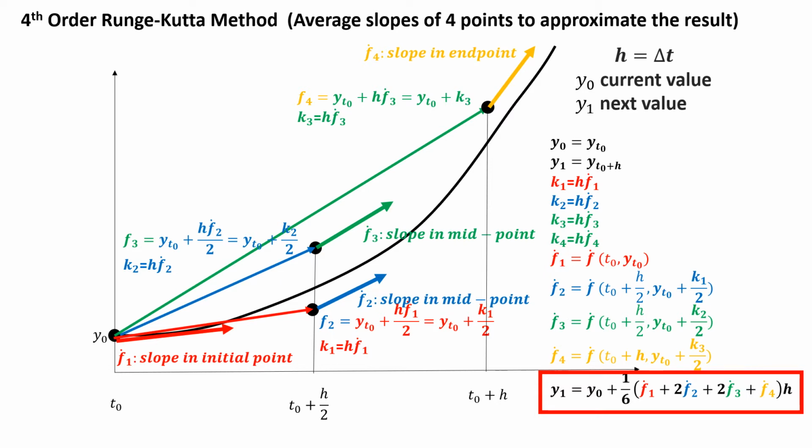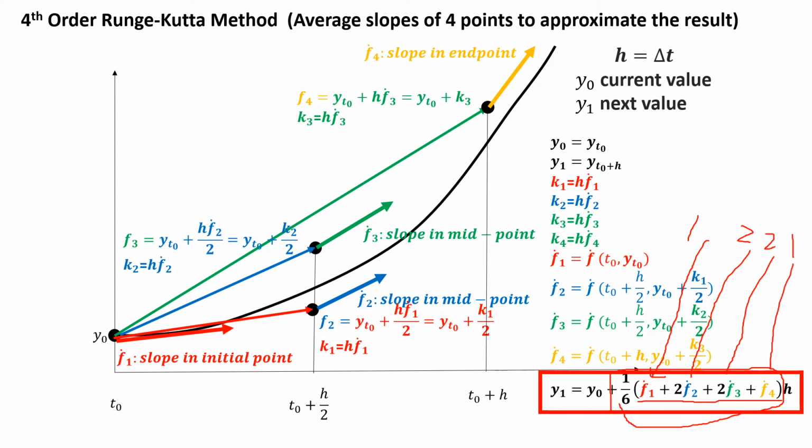You can see I say the average slope should be this part is the average slope. You can see it is weighted. I use weights: for the first slope is 1, for the second slope is 2, for the third slope is 2, the last slope is 1.